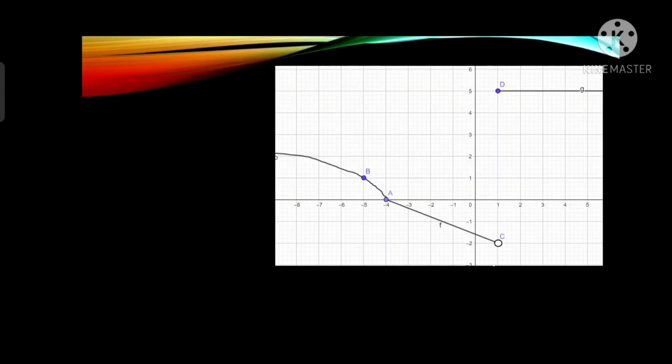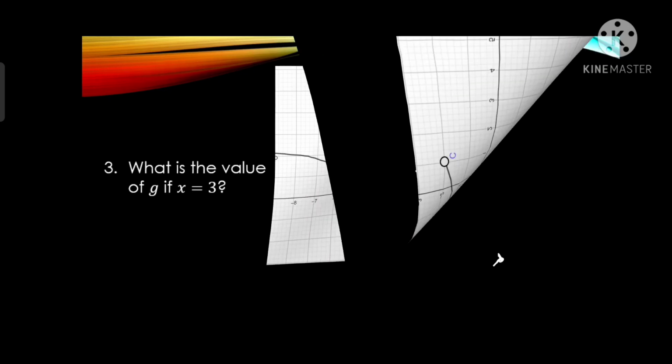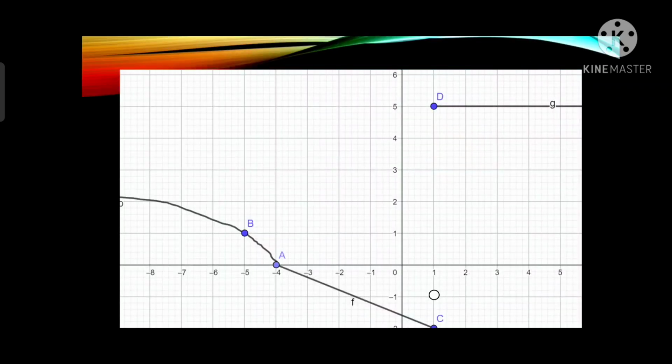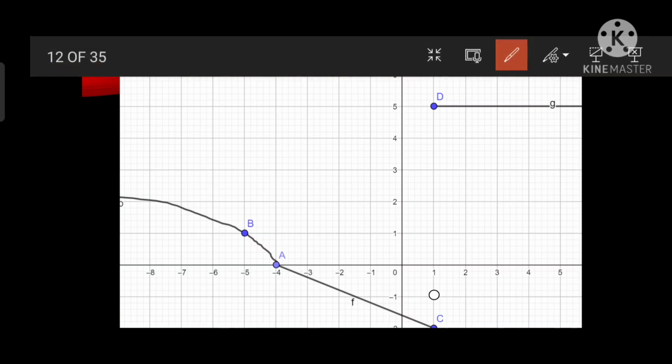And for our third question, what is the value of g if x equals 3? Applying the same steps, we are going to find the value of g of 3. Again, we find the x value on the x-axis.